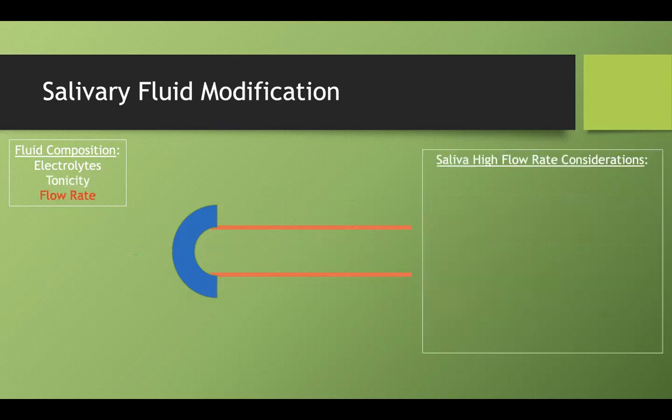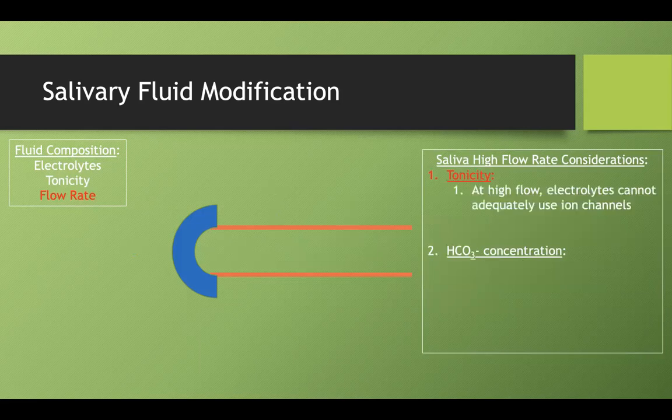And now let's talk a little bit about flow rate. So the concentration of water of the saliva at different flow rates varies. And let me explain that because I think I just confused myself by speaking like that. So what's going to happen with tonicity, we'll start with that.